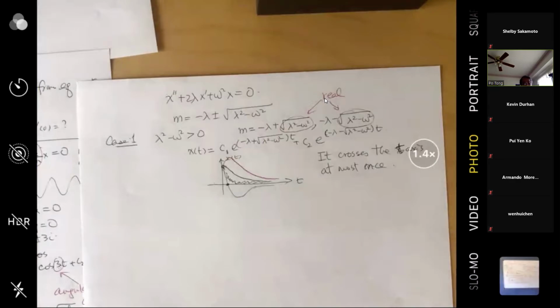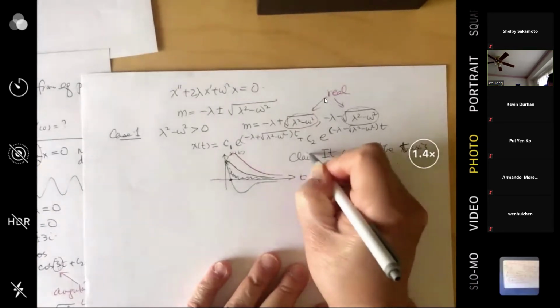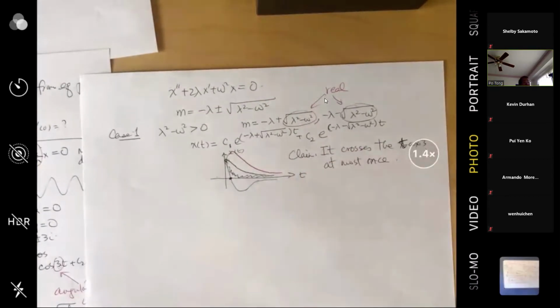Are we lost? I don't think we're lost. We're just taking notes. Okay. So here's my claim. It crosses the t-axis, the horizontal axis, at most once.